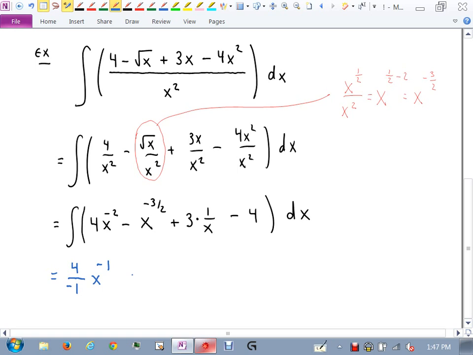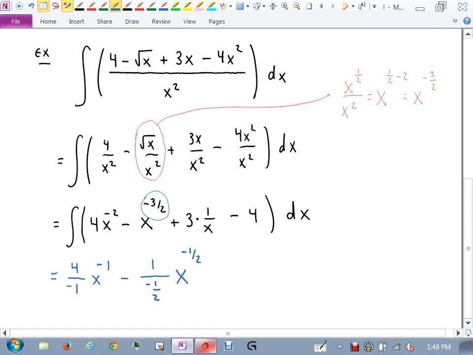Okay, so the next one is minus, 1 over, what's n plus 1? Yes, so this is n, right? What's negative 3/2 plus 1? Negative 1/2. So you get 1 over negative 1/2, and then x to the negative 1/2.